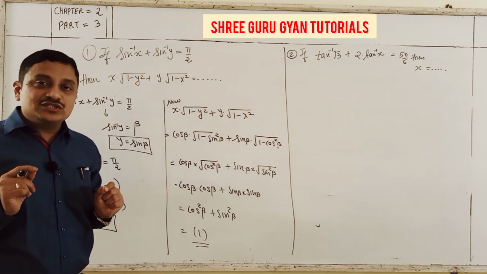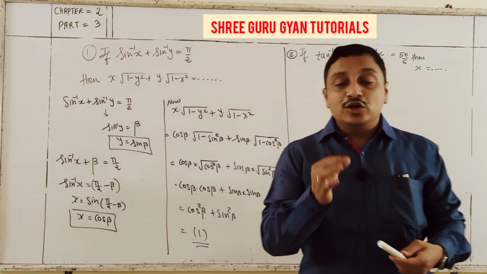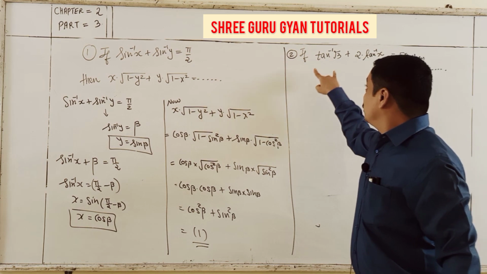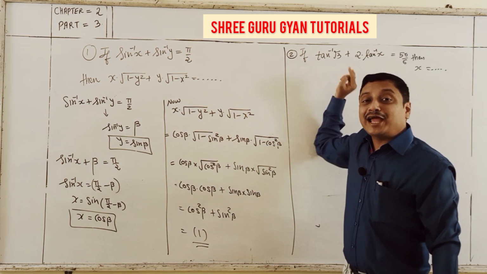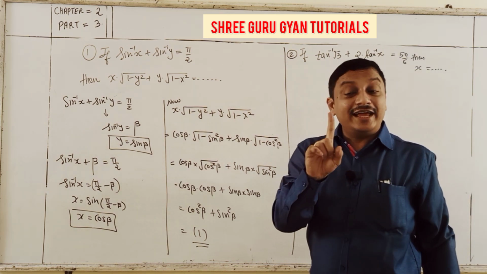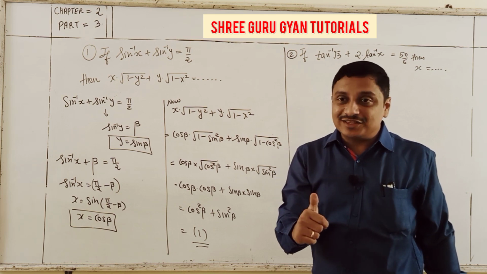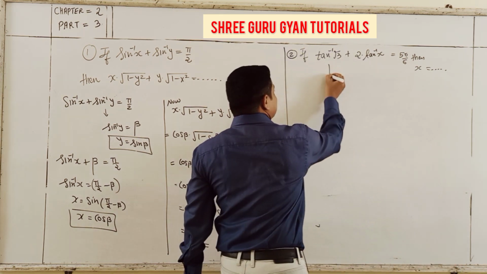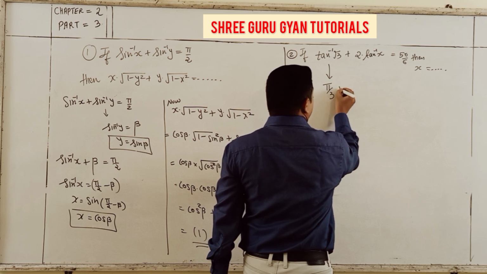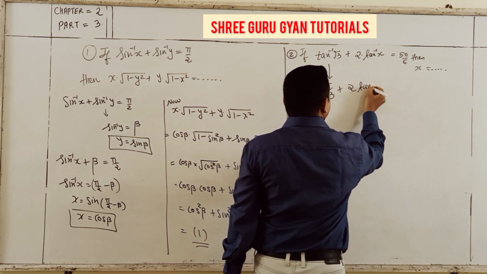First of all, apply your known angle value: tan inverse root 3 is 60, since tan 60 is root 3. 60 means pi by 3, and the other part as it is.